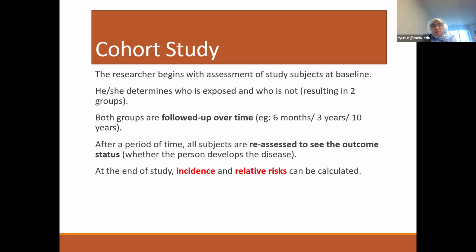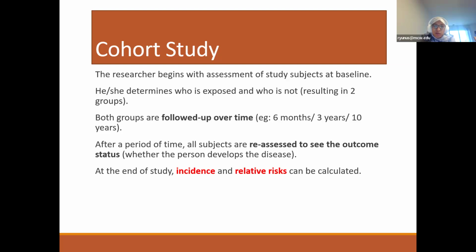Okay, so the researcher starts. Imagine that you are the researcher. You begin with assessment of the study subjects at baseline. After you sample them, you calculate the sample size, you sample them, you get them to your study, you recruit your subjects, and then you assess them. Of course, before recruiting, you would assess to make sure that they're free of the disease. Then only they can be included into your study. And then you also look at the status of exposure.